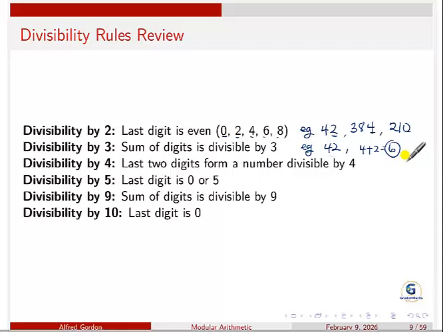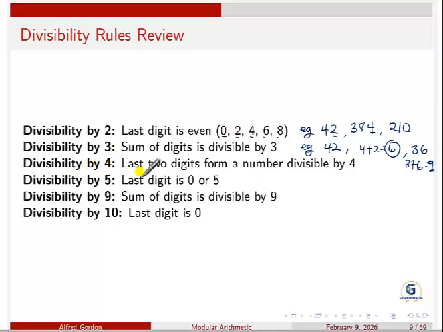Another example is 36. 3 plus 6 gives us 9, and 9 is divisible by 3. So yes, 36 is divisible by 3 as well.